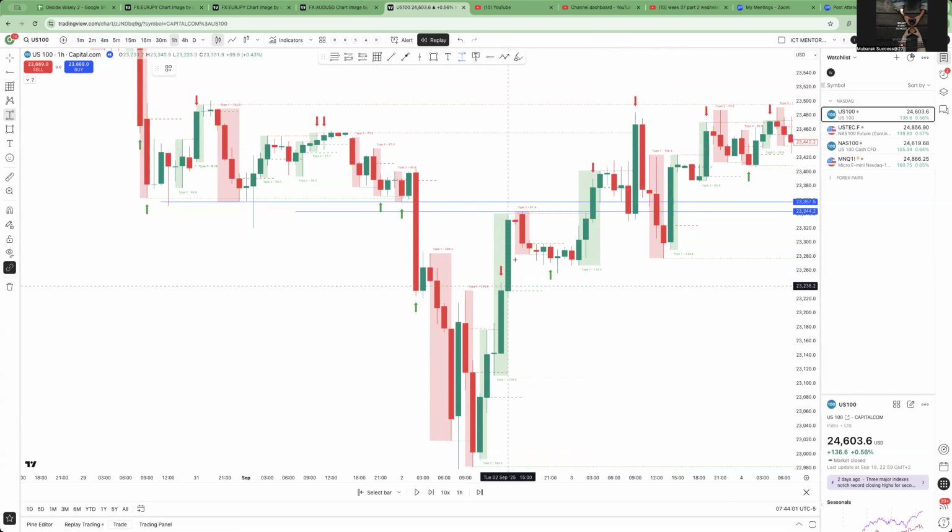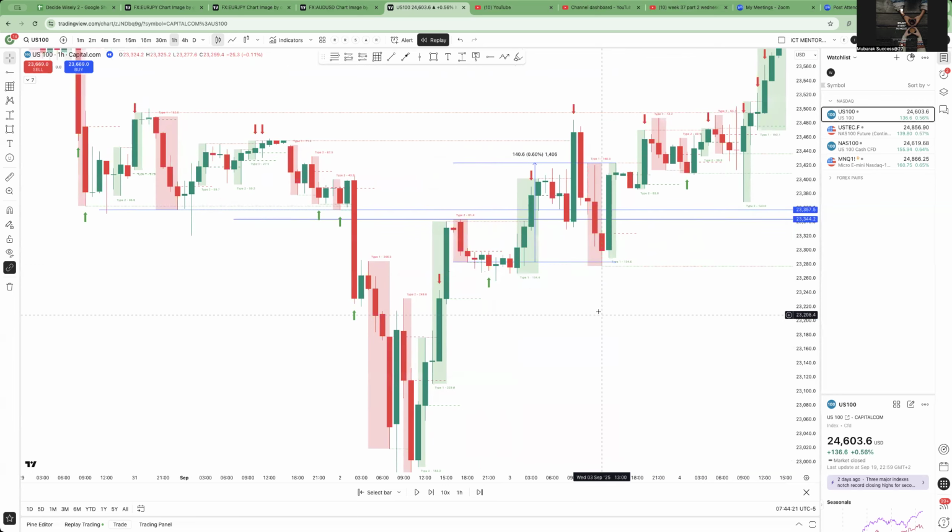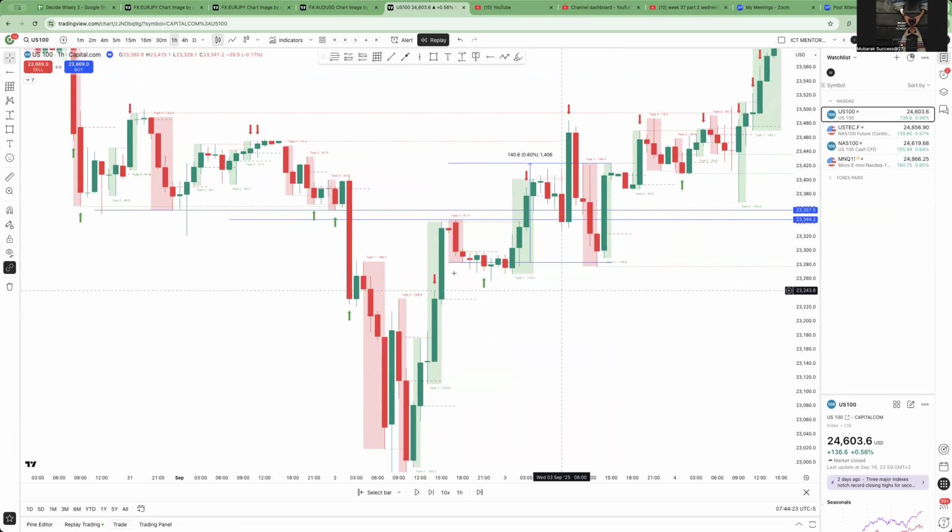So we started from here. From here to the end of this place. So after this happened, this was the end of this expansion. When we got back into it here, from 4 o'clock on the 2nd of September for 1 day, price was inside here.